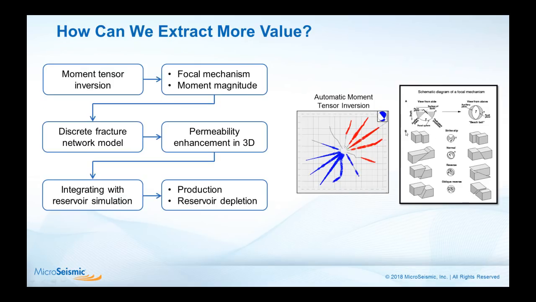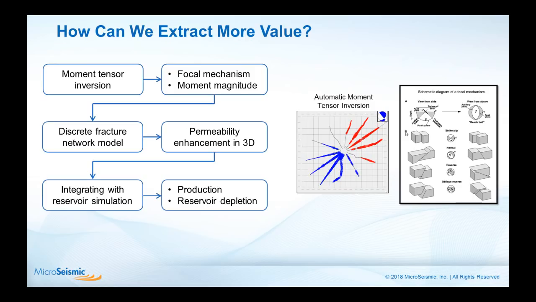We are using a surface array with thousands of geophones here. When a part of the rock breaks, depending on how the rock broke, some of the geophones get pushed in one direction while others get pulled in the opposite direction. We can use this information to perform moment tensor inversion and obtain a robust focal mechanism and moment magnitude for individual microseismic events.